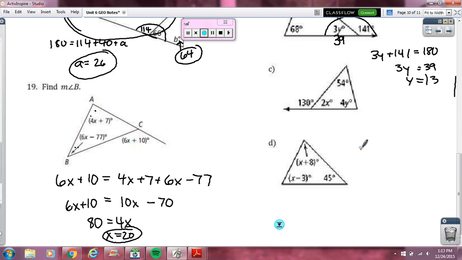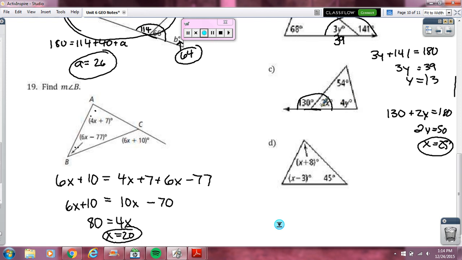Okay. Two more on this page. Let's see. Well, 130 and the 2x make a line together. So 130 plus 2x equals 180. So 2x equals 50, and therefore x equals 25. Cool.